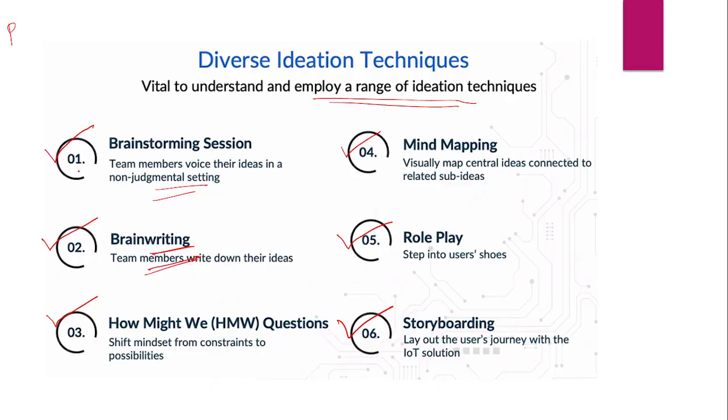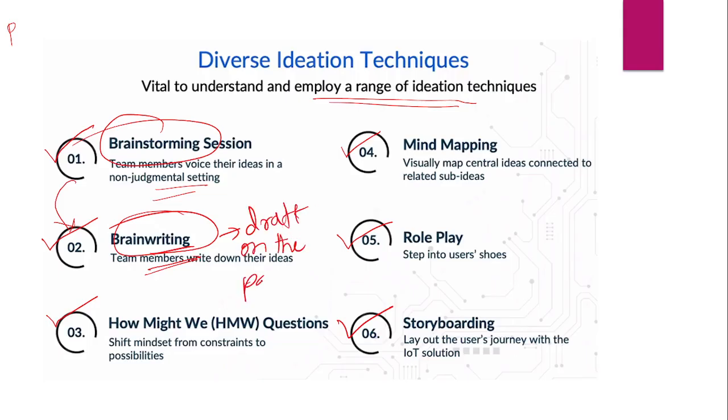So nowadays, instead of brainstorming sessions, most companies prefer brain writing sessions, because you have to draft it clearly on paper. So it gives more clarity in addressing the problem.